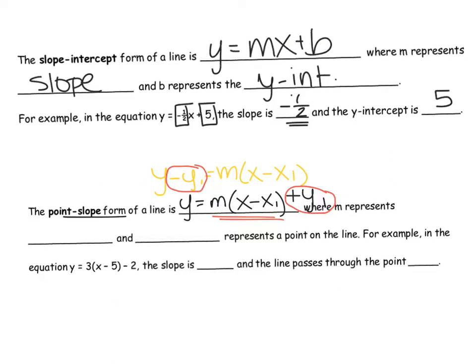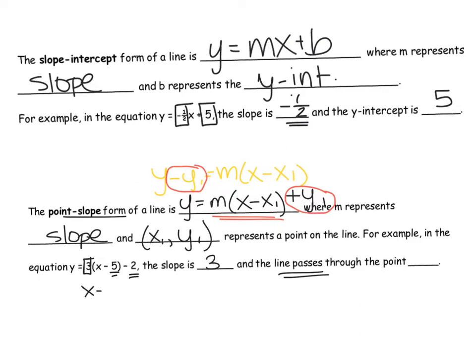Again, m represents slope, and x1, y1 is a known point on the line. For example, in this equation here, again, we have our m, slope is 3, and the point that I know on the line is x1, y1. So we need to be careful with the signs here.